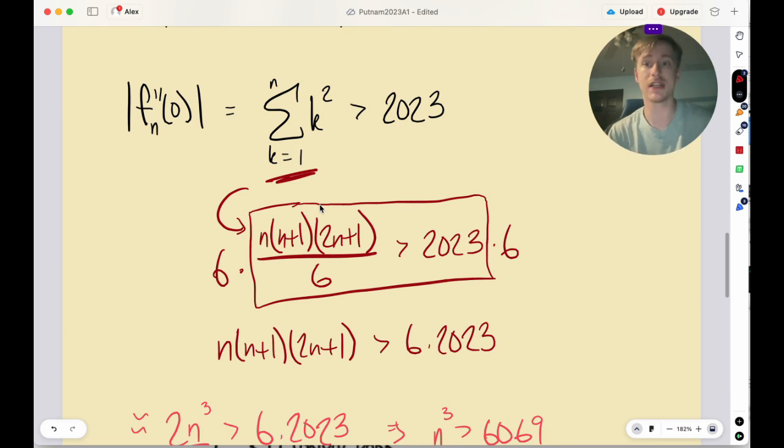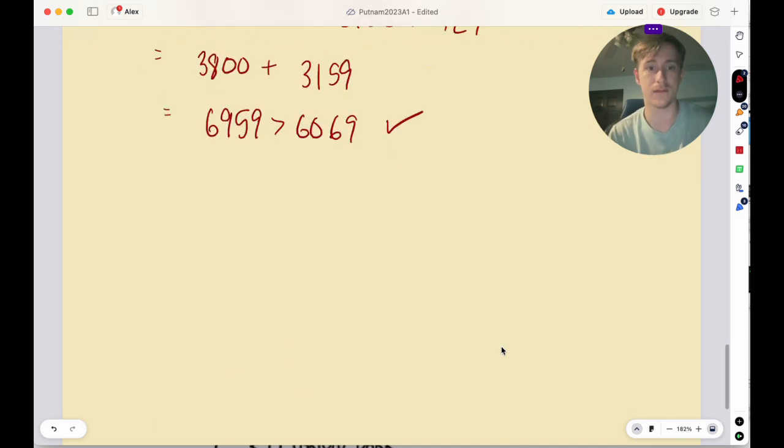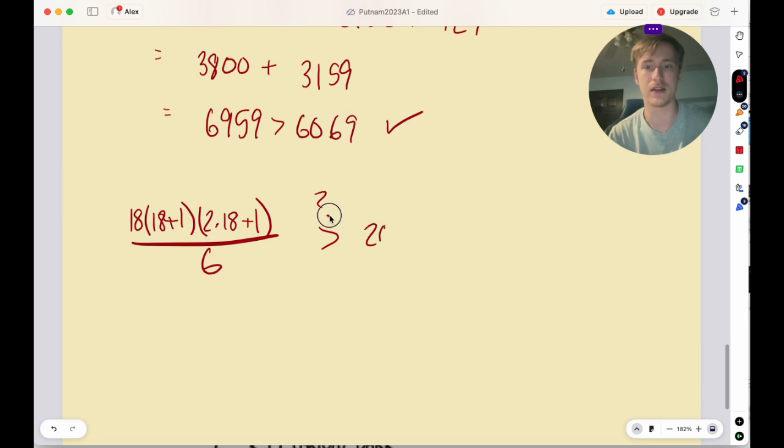Well, clearly, if this expression was bigger than the previous one, 19 is going to exceed that too. So let's check if 18 exceeds that. So what I have to check is if 18 times 18 plus 1 times 2 times 18 plus 1, all over 6, exceeds 2023.